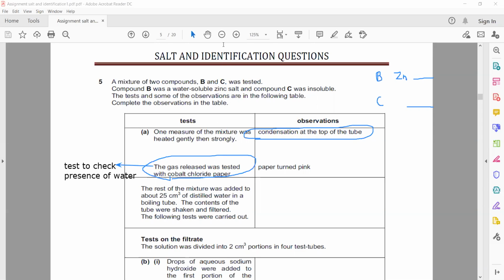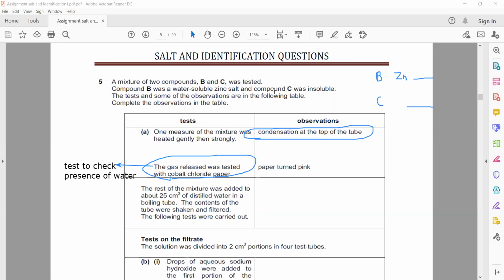So if I'm heating it and I observe that the gas or vapors released turn the cobalt chloride paper from blue to pink, what can I conclude about this salt or mixture?